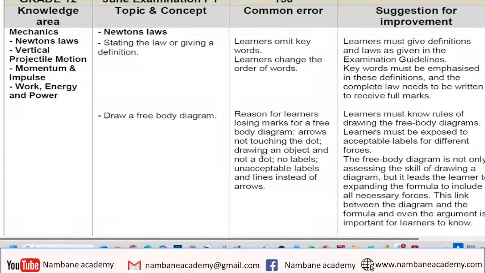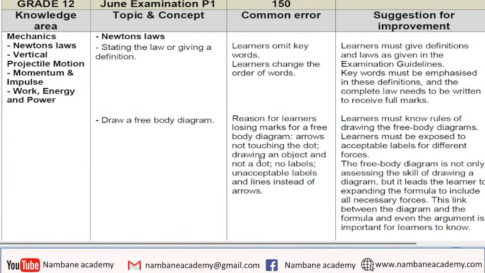Please go through your question paper from question 1 up to the last question. And as you go through your question paper, the first and the most important thing that you must do is to identify the questions that are cognitive level 1 and 2.